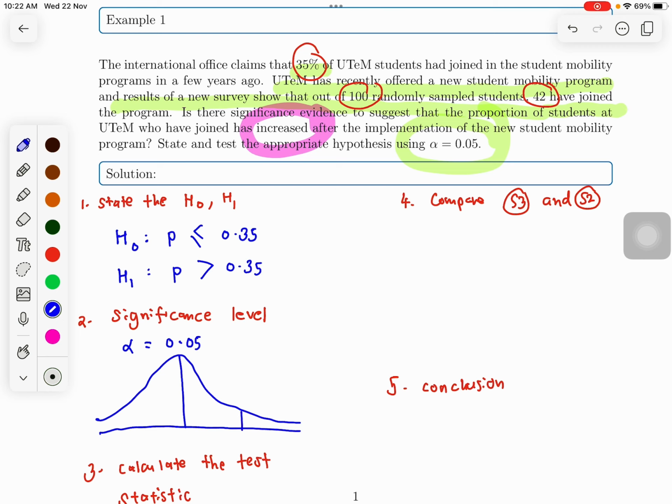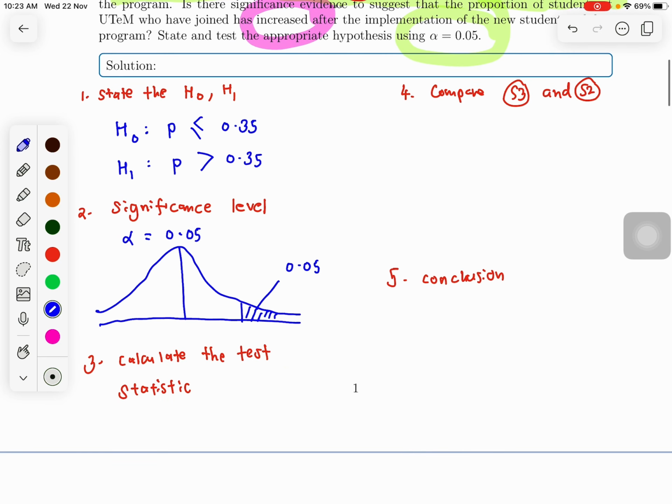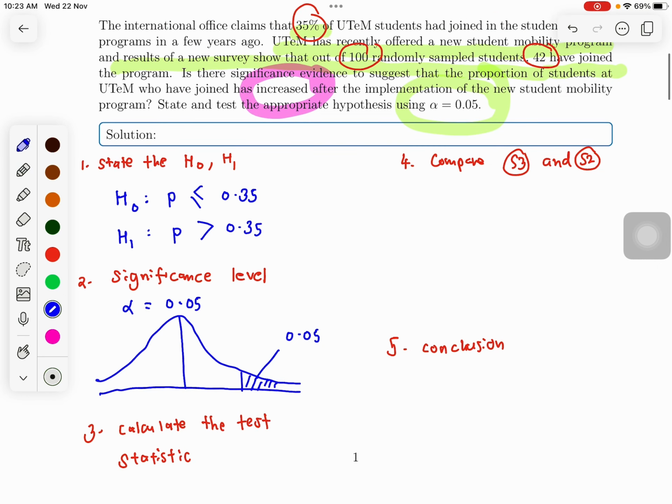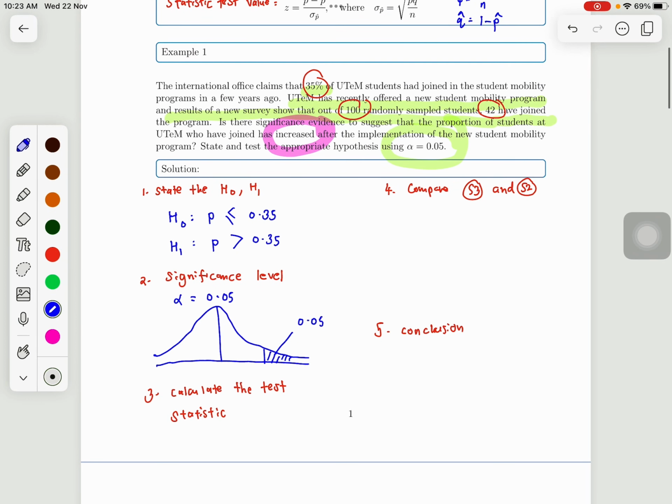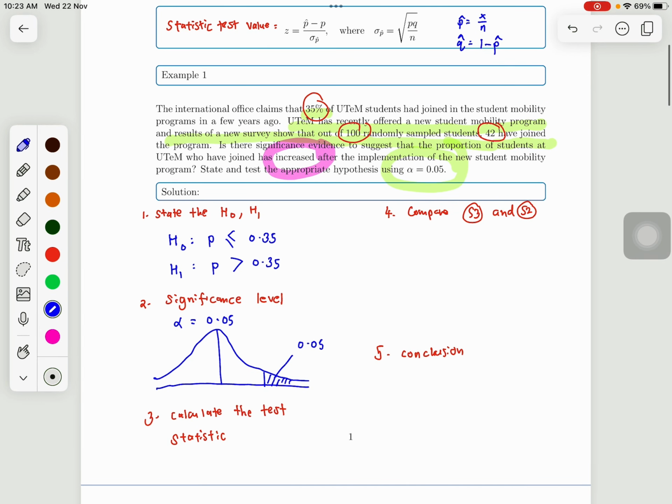So here is the area. Since alpha is 0.05, so please open the Z table. So let's take a look at the Z table.